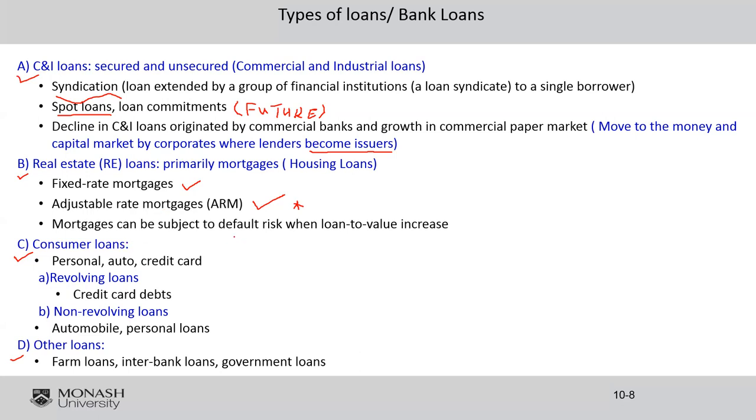Now, a mortgage can be subject to default. We think real estate loans do not default because the price of houses always goes up. But we have witnessed times, especially during the financial crisis, when the value of the loan becomes higher than the value of the house. You have paid on these loans for 3-4 years.